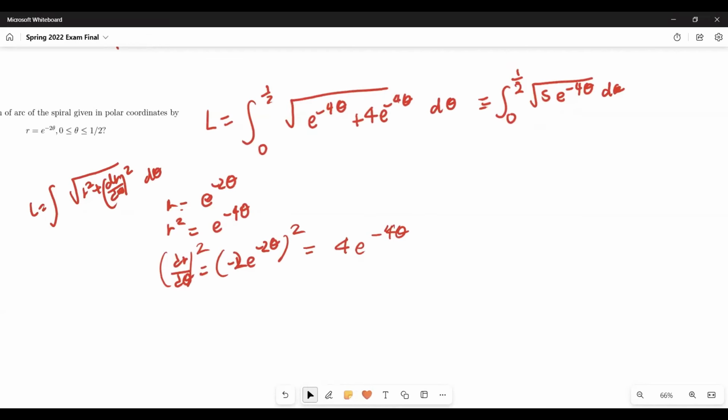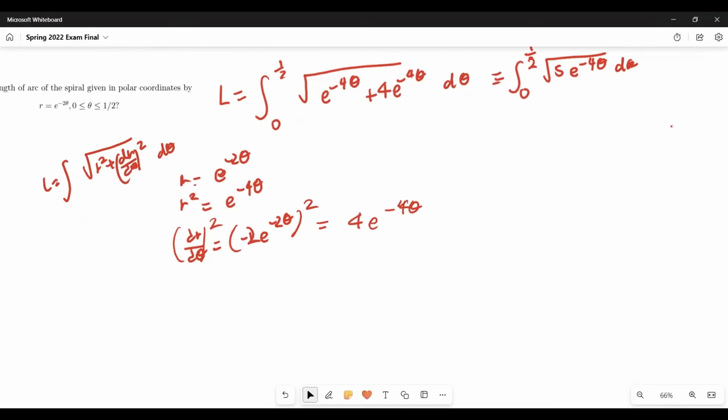Basically this can be written as the integral from 0 to 1 over 2 of square root of 5 times... you can get the e to the negative 4 theta out of the square root, so that just becomes e to the negative 2 theta d theta. So this becomes square root of 5 times e to the negative 2 theta over negative 2, integrating from 0 to 1 over 2.